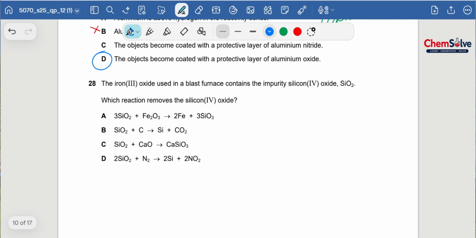Iron oxide is used in the blast furnace and contains the impurity silicon(IV) oxide. Which reaction removes the silicon oxide? So it's a kind of fact again. Let's write down the equation.